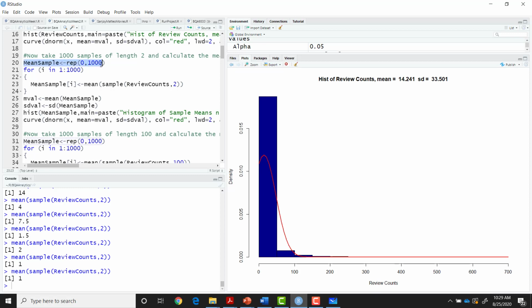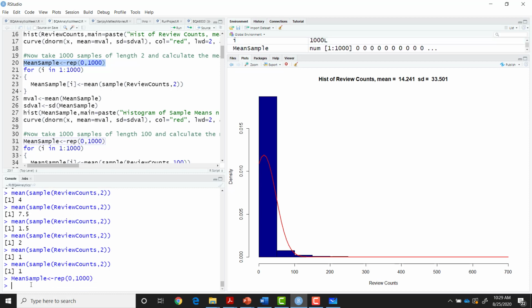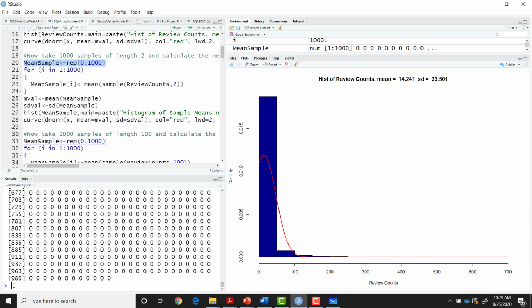So mean sample i is the mean of the two restaurants we randomly picked. We do it 1,000 times. Now let's look at mean sample, and there we go. We have our 1,000 samples of 2.